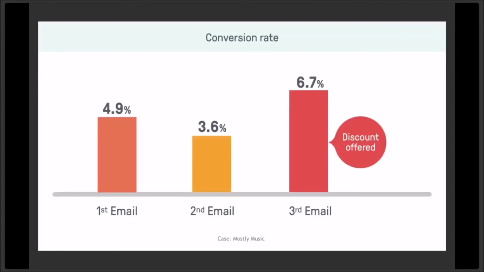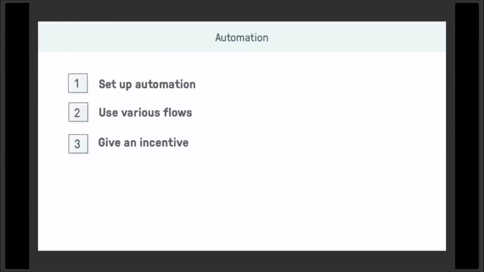If the person still isn't sure they want to come back and complete the purchase, sending a third email with a discount offer might be really effective. For the one who was still in doubt, this is an incentive: I want to come back and I will buy.